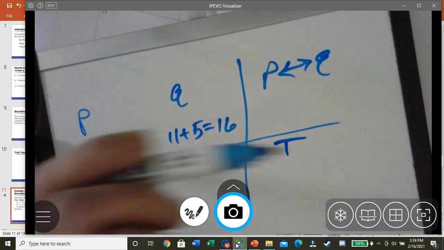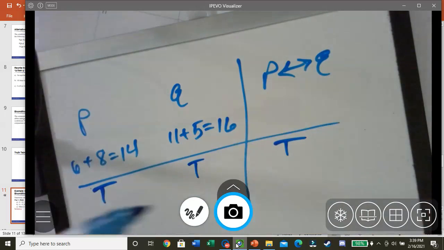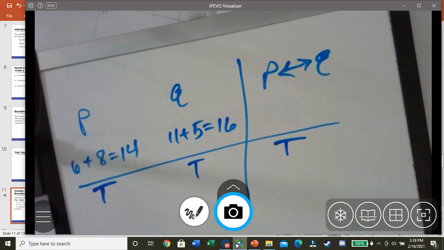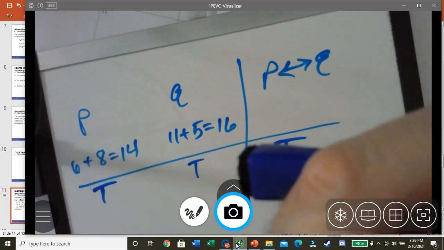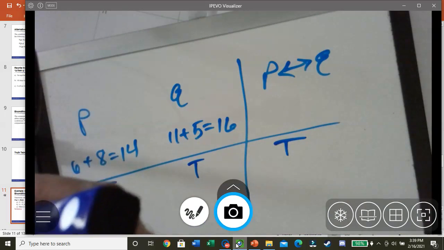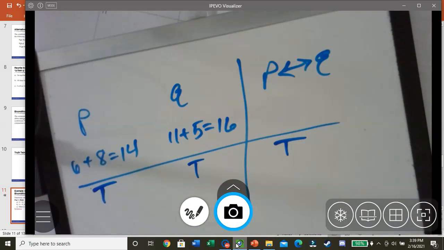Because we're saying if P, then Q. If 6 plus 8 is 14 and 11 plus 5 is 16, it's true. Then going back the other way, that's true as well.